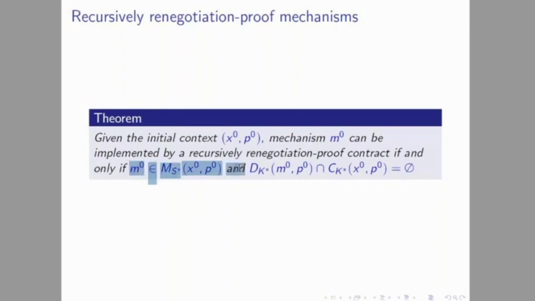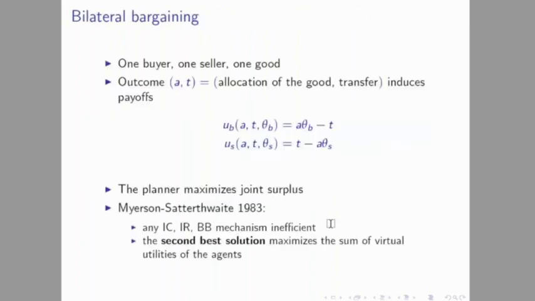But then there is also a rather compact, if and only if, characterization of mechanisms that can be implemented by that kind of contract. But let me refrain from the details of that characterization.